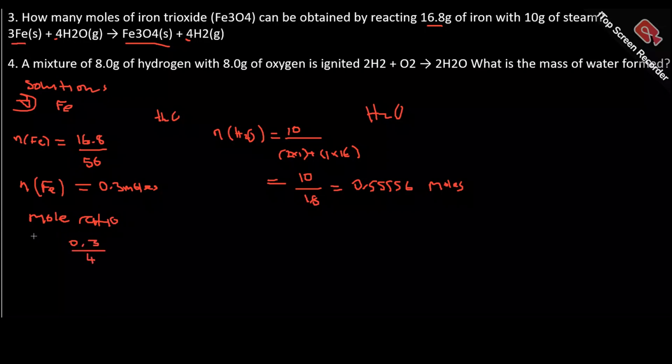This is for iron. What is the number of moles of H2O? 0.5556 divided by the coefficient on the balanced chemical equation, 4. Oh, I made a mistake here. It's supposed to be 3.